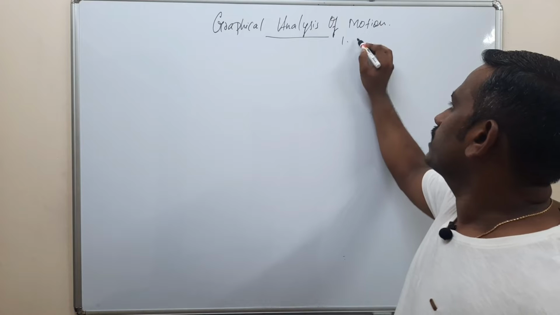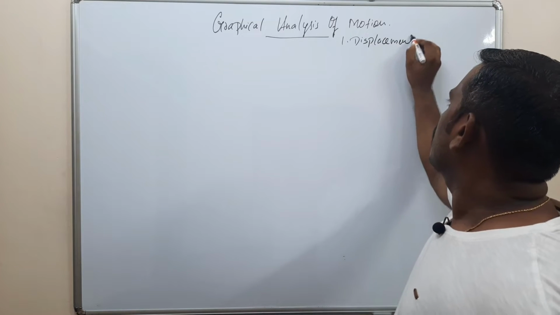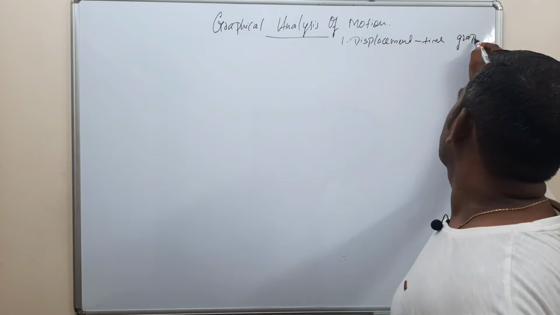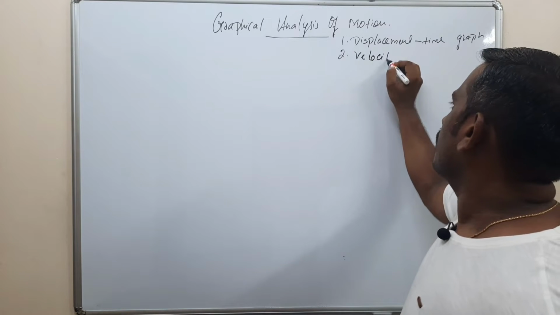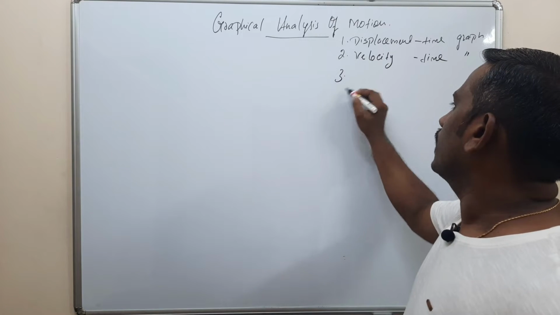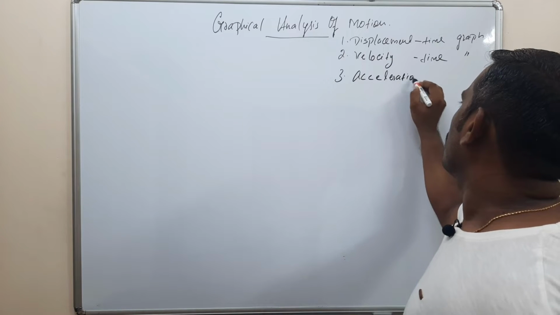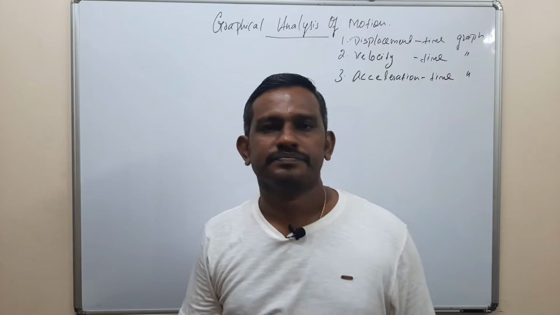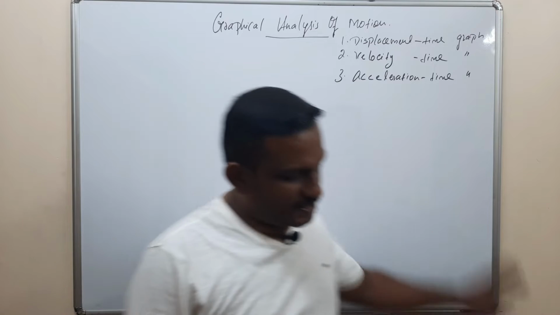One, displacement time graph. Two, velocity time graph. Third one, acceleration time graph. So these are the three graphs we are going to discuss in this session.